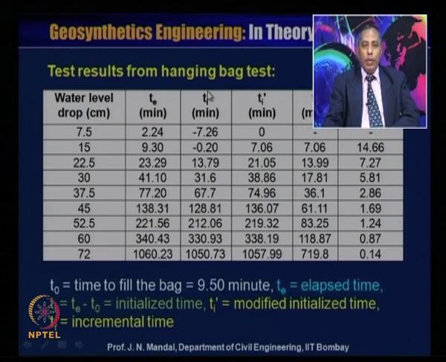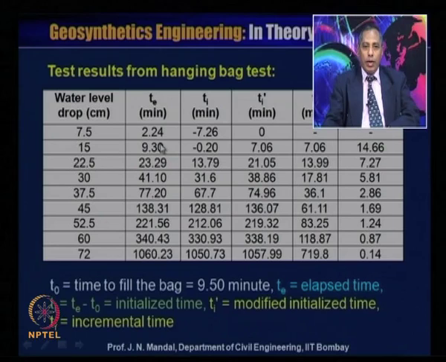So we have to calculate Ti, which is Te minus T0, the initialized time. So Ti will be 2.24 minus 9.50, which gives minus 7.26.